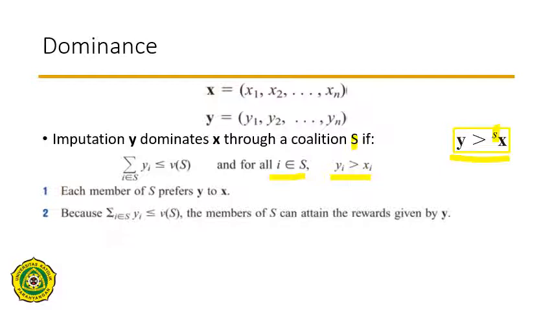That's why you see yi greater than xi, and that's why player i prefers imputation y compared to x.